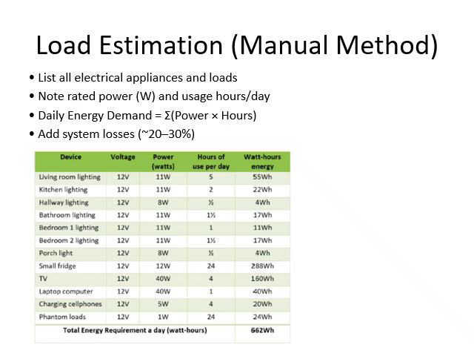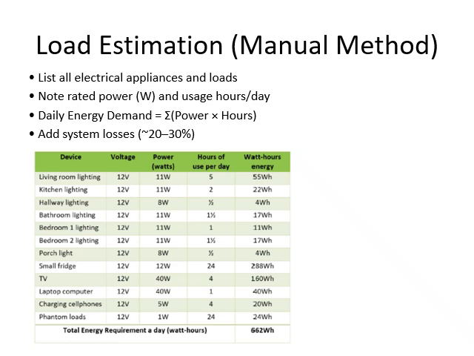It's always best to use the manual method, or you can make an average estimate from your household electricity bill, how many kilowatt hours or watt hours you need. First we list all the electrical appliances and their loads. Then we find the rated power, the wattage, and how many hours we are using it.